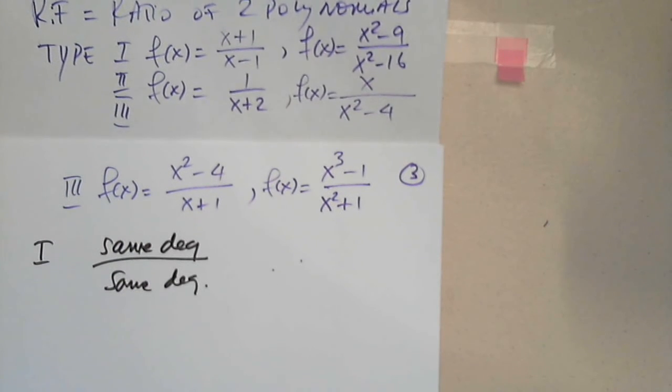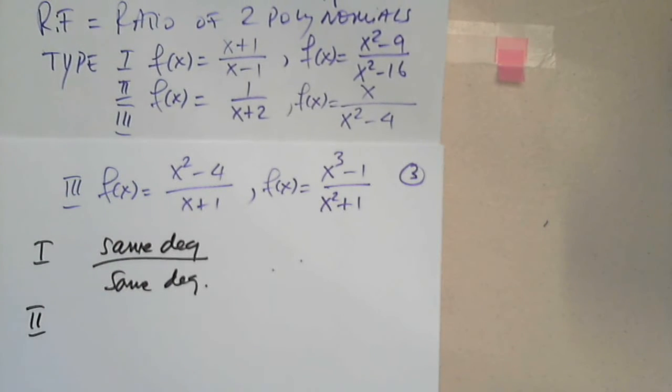Okay, let's look at category 2 or type 2. What can you say about type 2? It's degree 1 over degree 2.